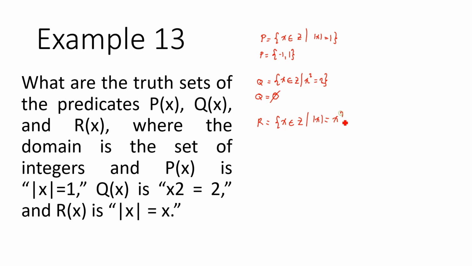So this means it is the set of integers for which the absolute value of x is x, because the absolute value of x is x if and only if x is greater than or equal to 0. It follows that the truth set of R is all natural numbers, the set of non-negative integers.